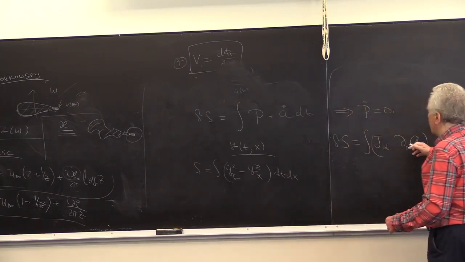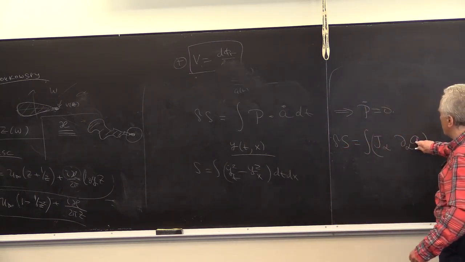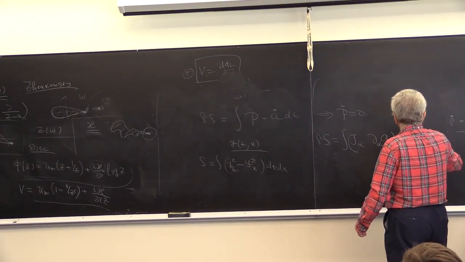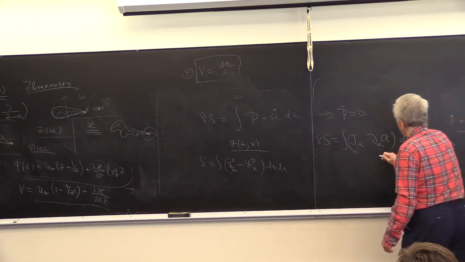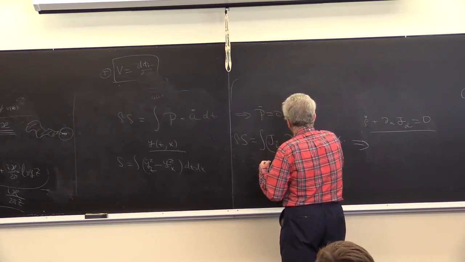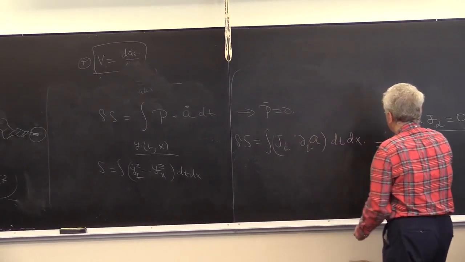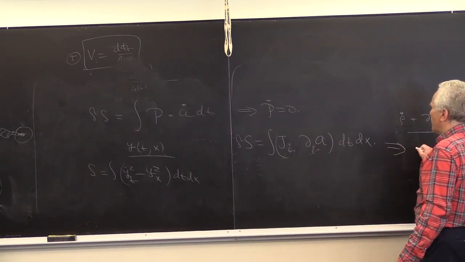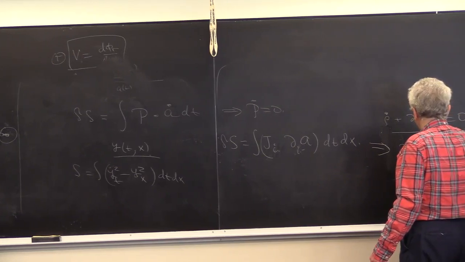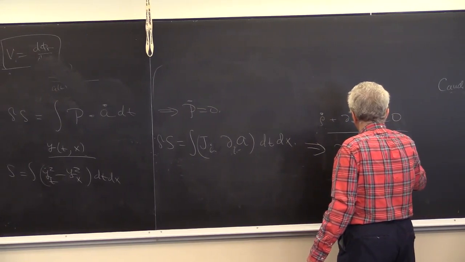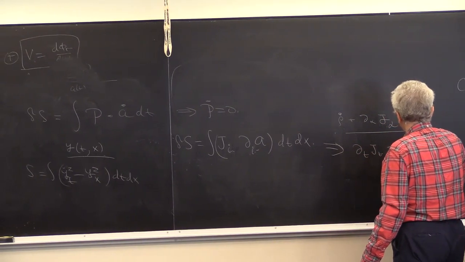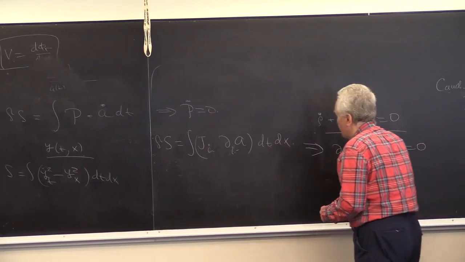We now make a gauge symmetry transformation which depends on t and x together. And from this, let me call it I, I includes time derivative and space derivative. And from this we conclude that the time derivative of the time component plus minus the x derivative of the x component is 0.